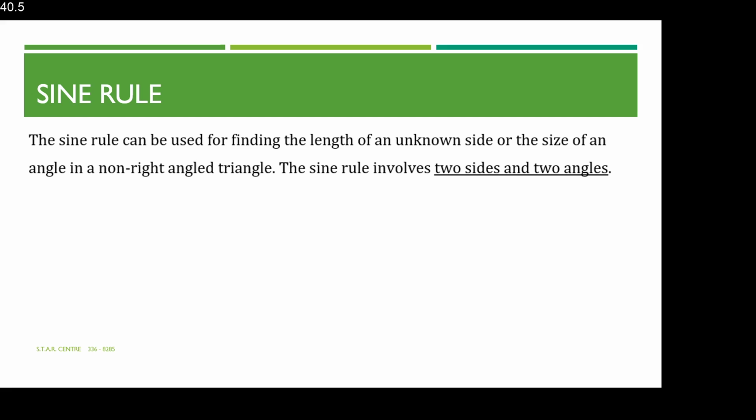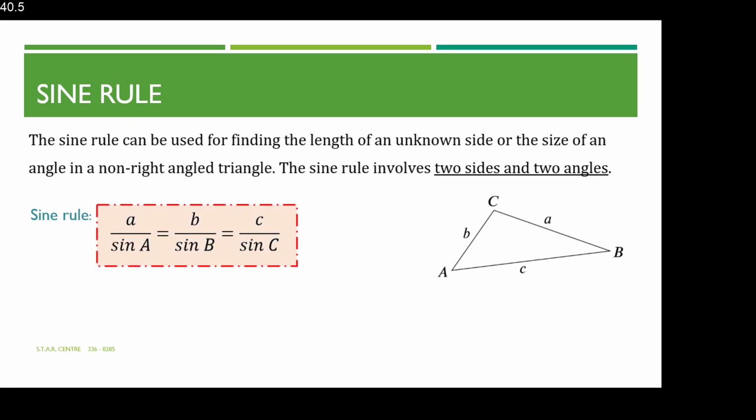And the sine rule involves two sides and two angles. And again, this can work for both right angle and non-right angle triangles, but it's specifically used for non-right angle triangles as it's simpler to use Pythagoras and trig ratios for the right angle triangles. So the sine rule looks like this.